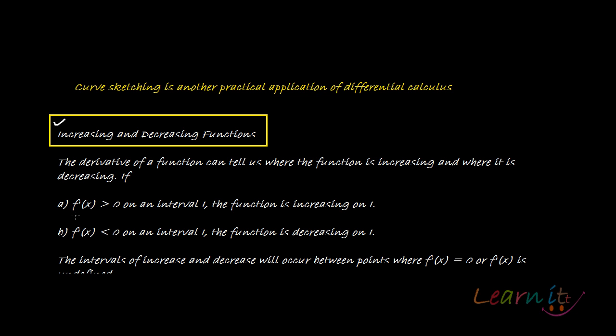Now, in case your derivative is greater than 0, what does that mean? That means that the derivative looks something like this. It's increasing. So the derivative is greater than 0 here, which means that the function will be increasing.